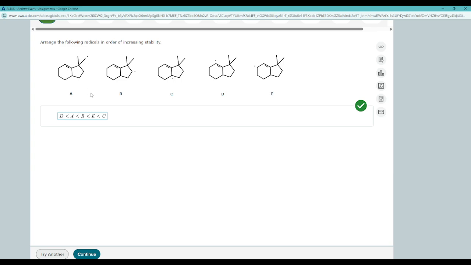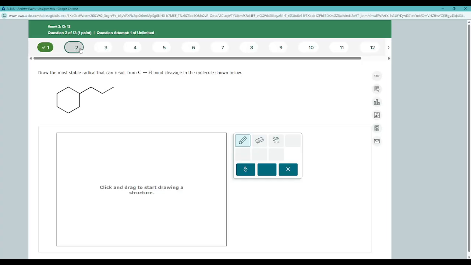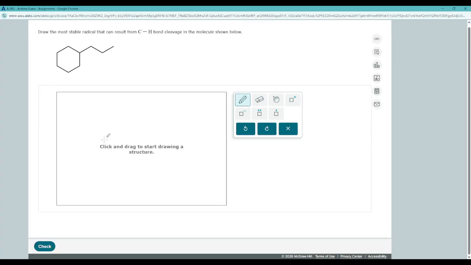So if you have to compare an allylic secondary versus an allylic primary, the allylic secondary is better than the allylic primary, or allylic tertiary is better than the allylic secondary, the resonating one. So, draw the most stable radical that can result from a CH bond cleavage.